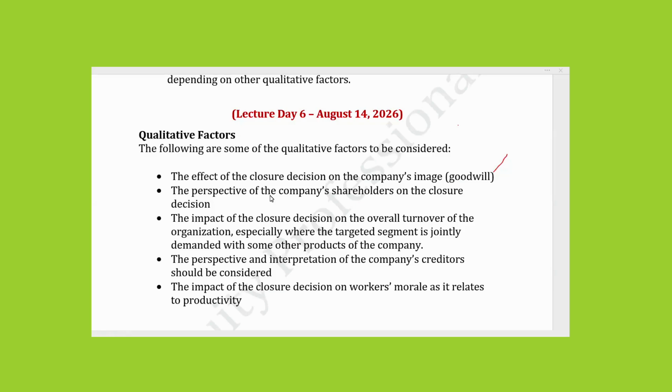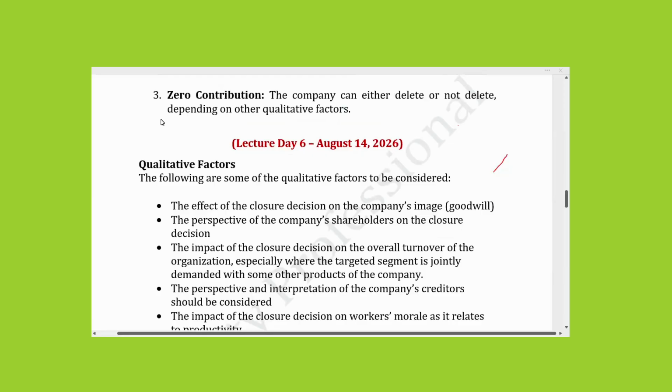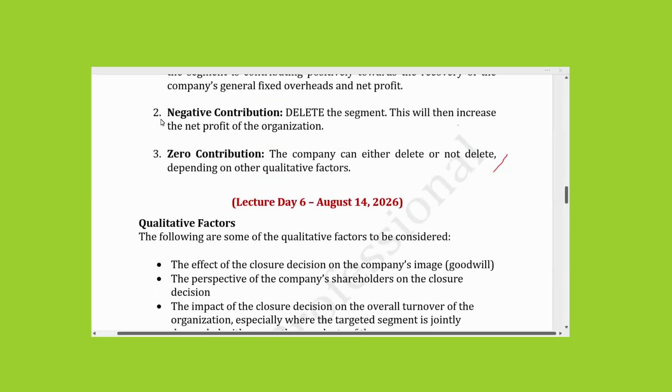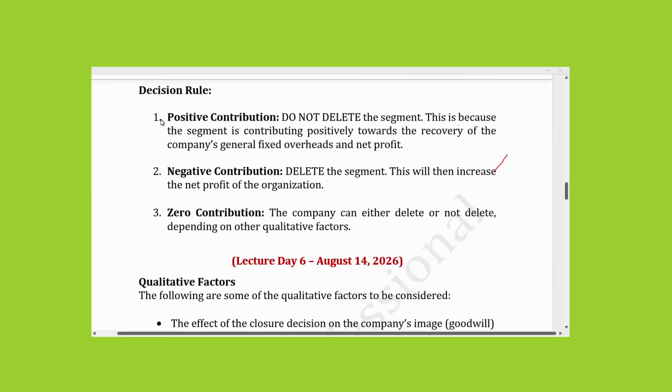In our decision rule, we said that if the segment produces a positive contribution, the company should not delete the segment because it is actually contributing positively towards the recovery of the company's general fixed overhead and net profits.